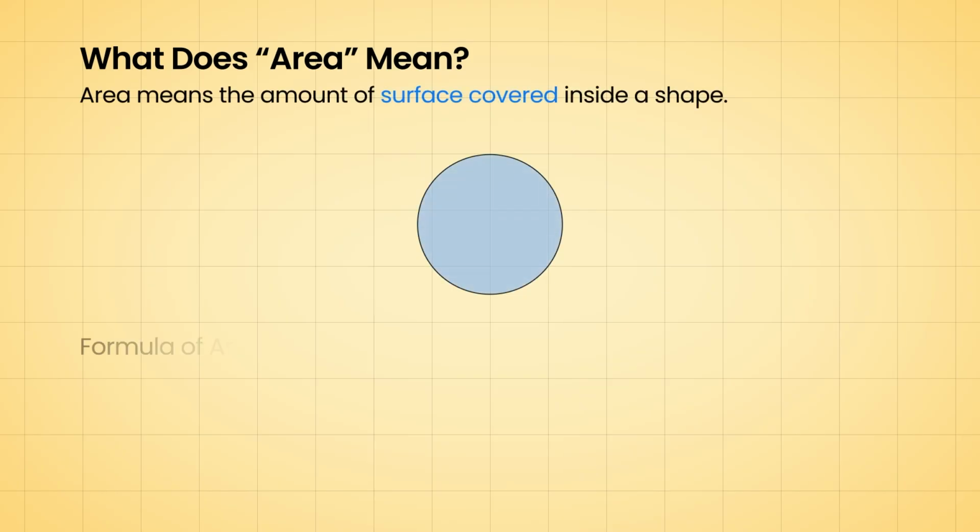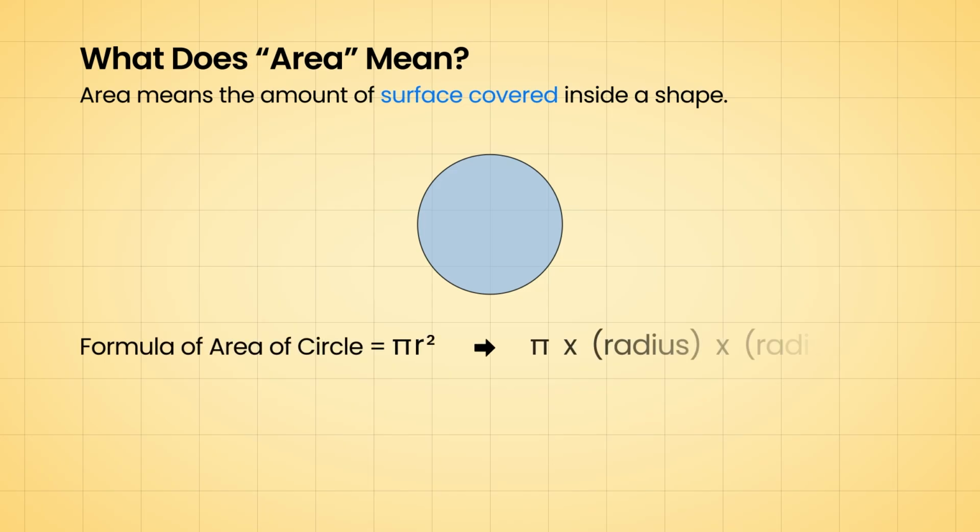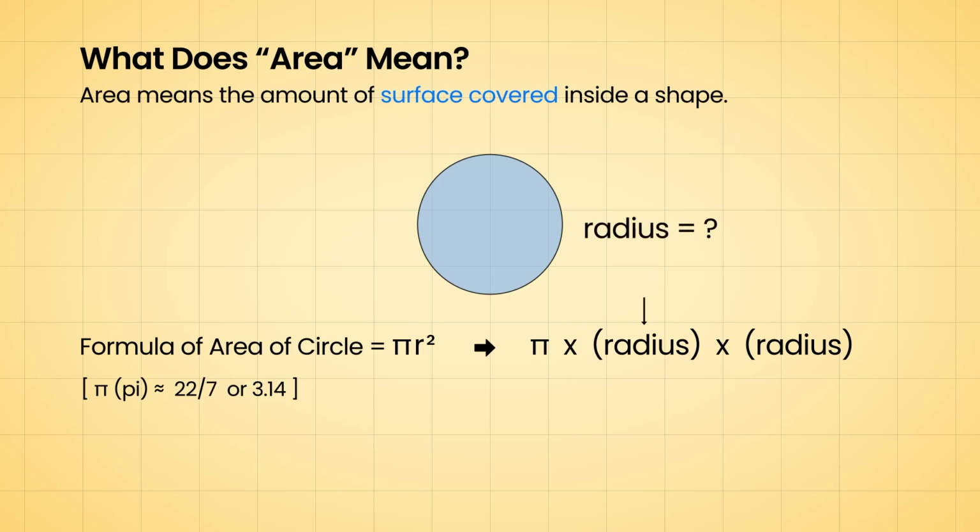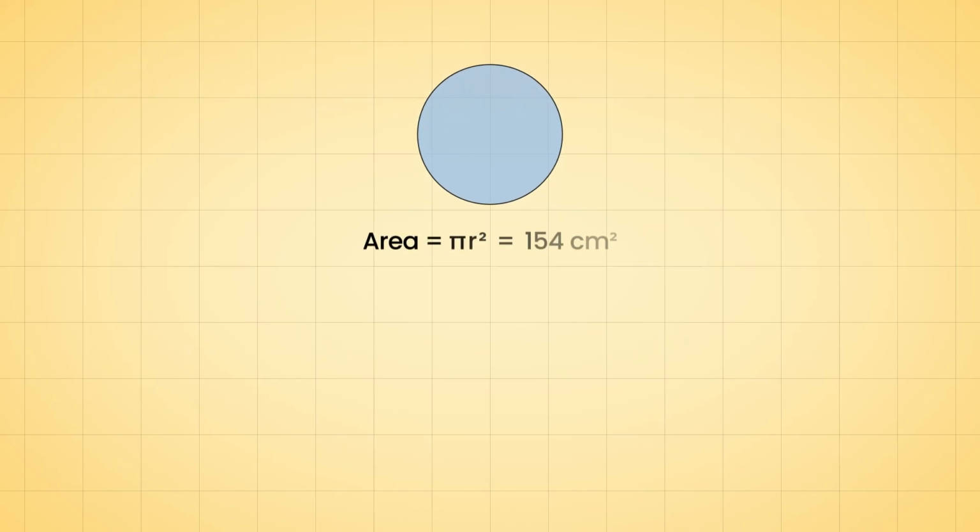To find the area of a circle, we use a specific formula: pi r squared. That just means we multiply pi times the radius again. For our calculations, pi is a constant that stands for 22/7 or 3.14. In this specific problem, the area is already given to us, and our goal is to work backward to find this missing radius. So now, let's start solving this question.